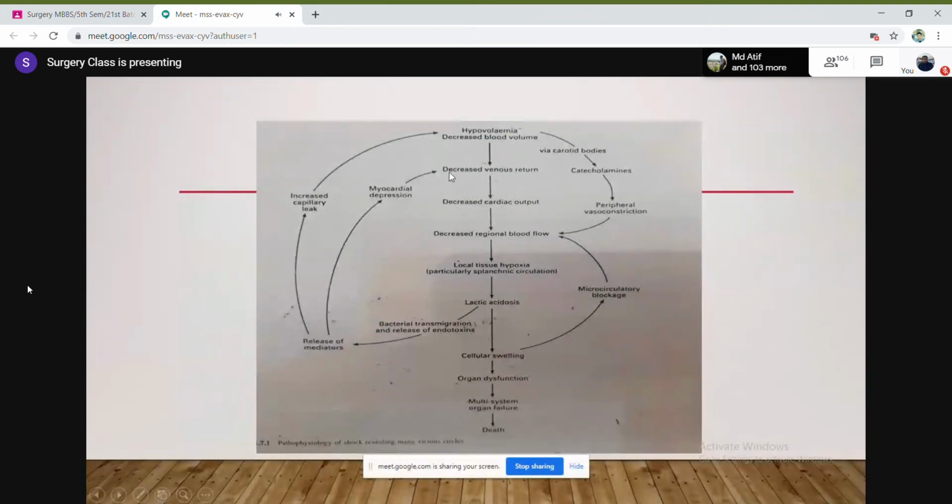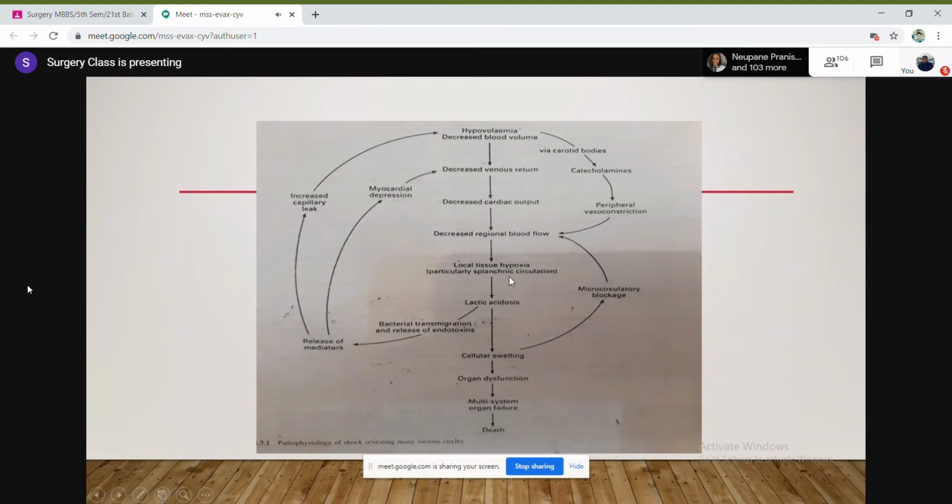So whenever there is less blood coming into the heart, then obviously the heart is pumping less blood, so decreased cardiac output. That will lead to decreased renal blood flow. And then when there is reduction in regional blood flow, definitely there is local tissue hypoxia. The tissue is not getting enough oxygen.